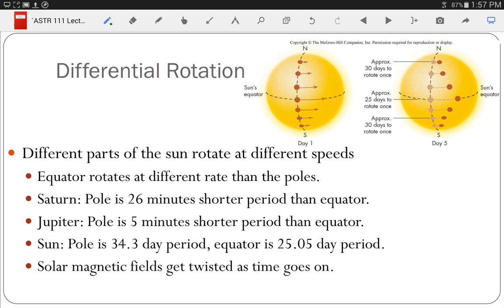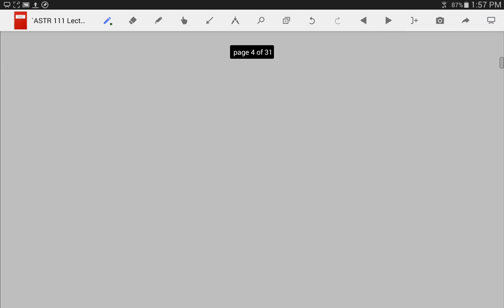Now we have magnetic fields in the sun, make magnetic field lines, and those magnetic field lines basically are making loops that go like this. But because you have the material that's close to the equator rotating faster than the material that's close to the poles, those magnetic field lines start to get deformed because of the differential rotation.